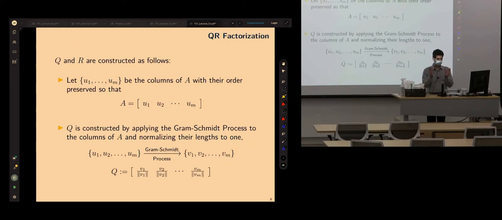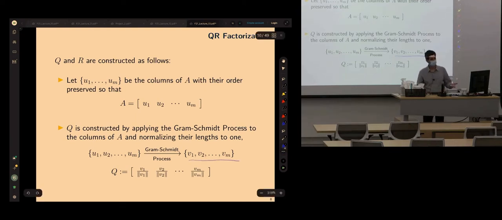We apply the Gram-Schmidt process to the columns of A, and that will give you a set of vectors v1 to vm. These vectors are orthogonal.